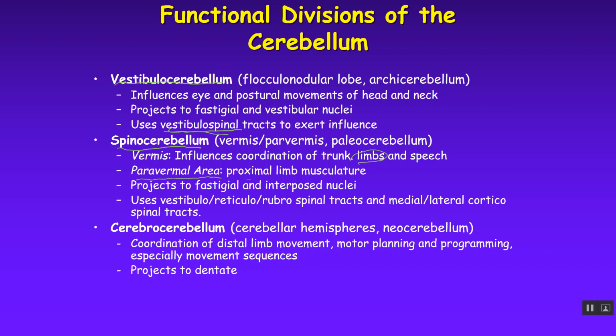It's still kind of proximal limb muscle, but this is real proximal limb muscles like shoulder blade, girdle muscles, your butt muscles, and your spine, your multifidi and erector spinae, and those kind of things is more that paravermal region. It just kind of makes sense. It just starts more laterally and you get more central with that. So it starts out, but it's the cerebrocerebellum that's more the real distal stuff, okay?